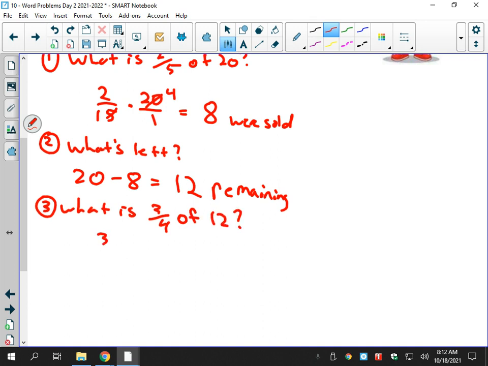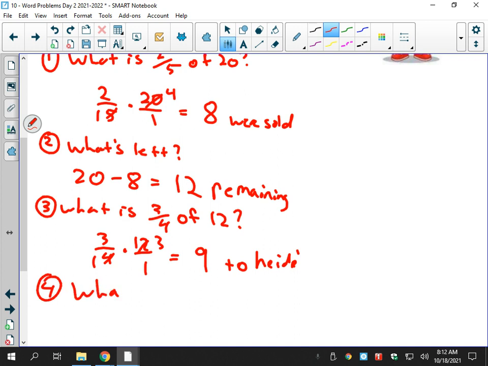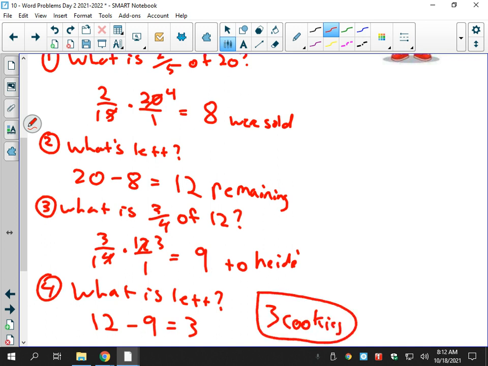So again, we're going to multiply. 3/4 of 12, cross cancel, is 9. So that's 9 to Heidi. And then finally, we want to figure out what's left for Baker. Well, 12 minus 9 is 3, right? And that's where we're getting those 3 cookies left for Baker.